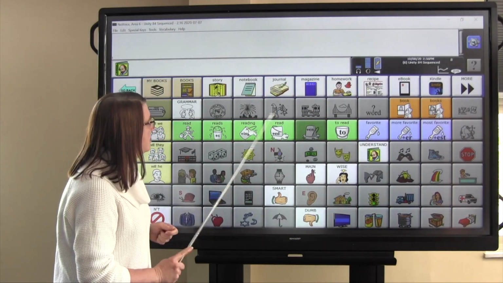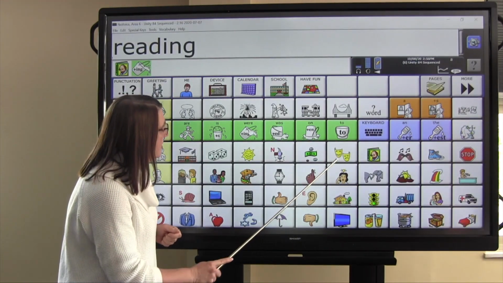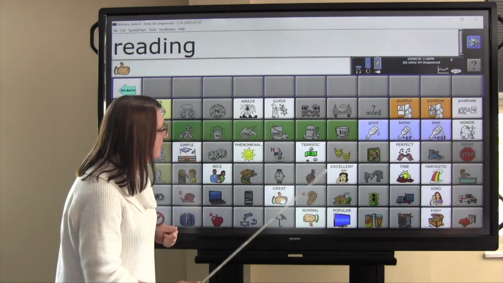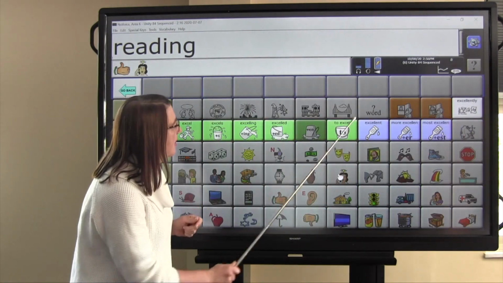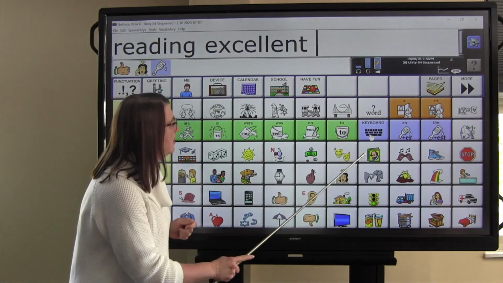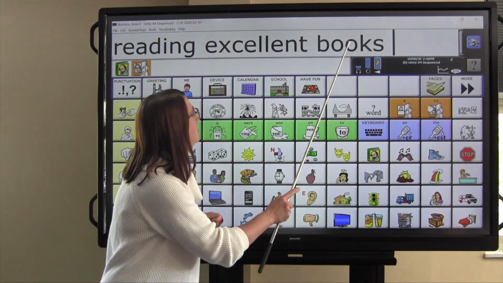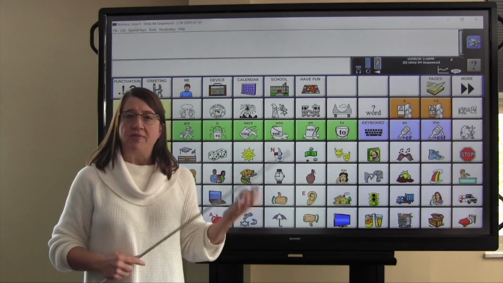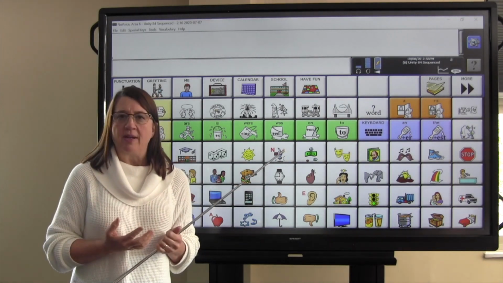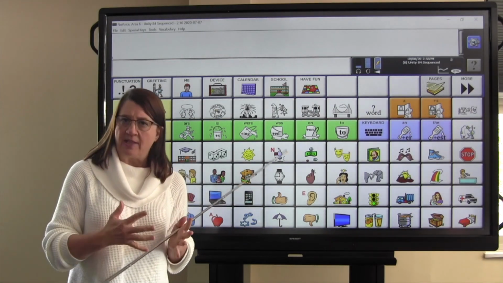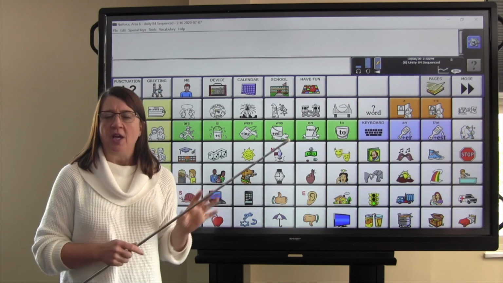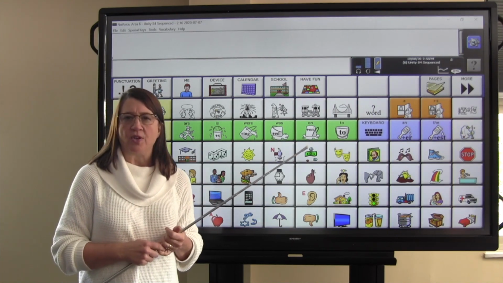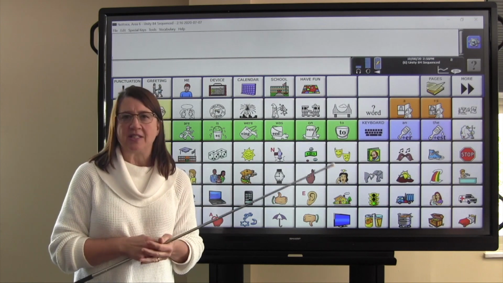Reading, excellent, thumbs up. Excellent. Books. Reading excellent books. Okay, so we've taken a look at some of the verb icon families and adjective and adverb icon families. Go ahead and explore some more of these on your own and practice all the different fun sentences that you can make.